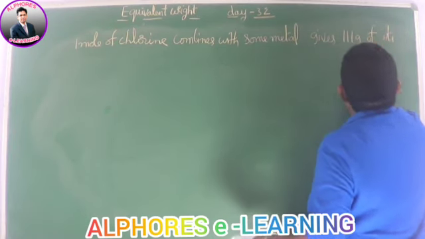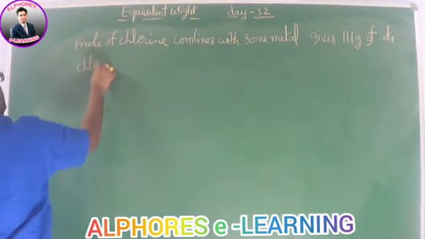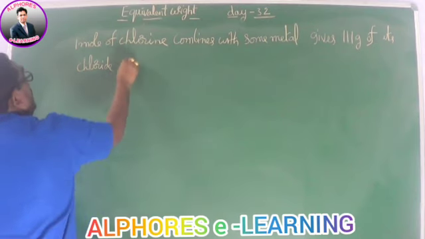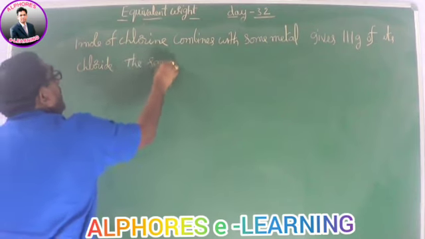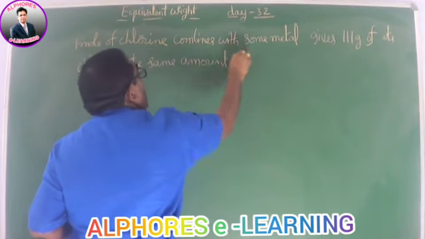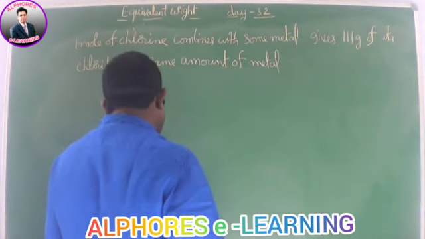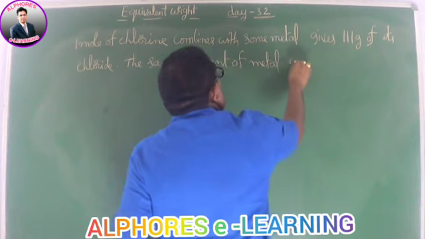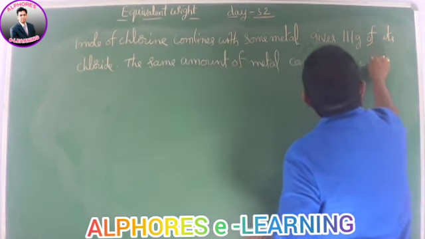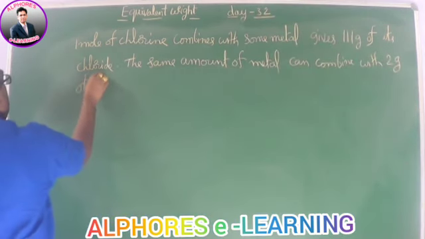Write down, friends, 111 grams of its chloride. The same amount of metal can combine with 2 grams of hydrogen.